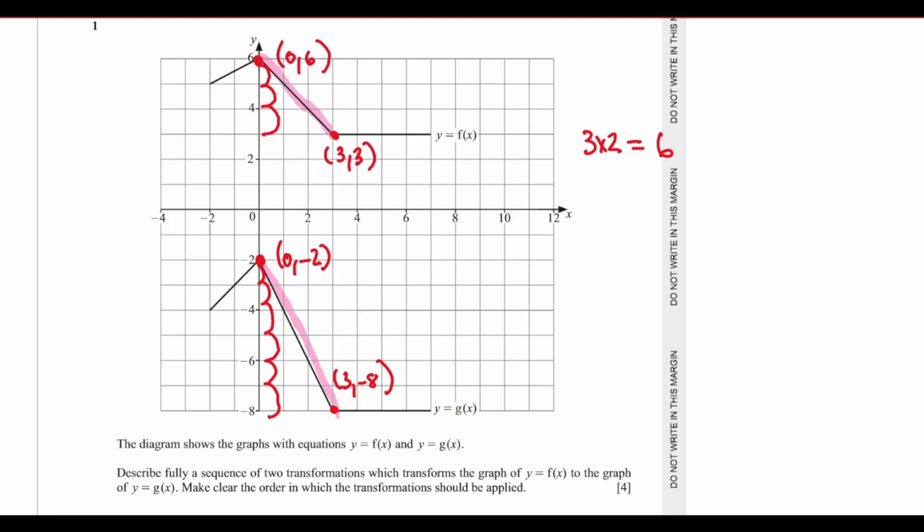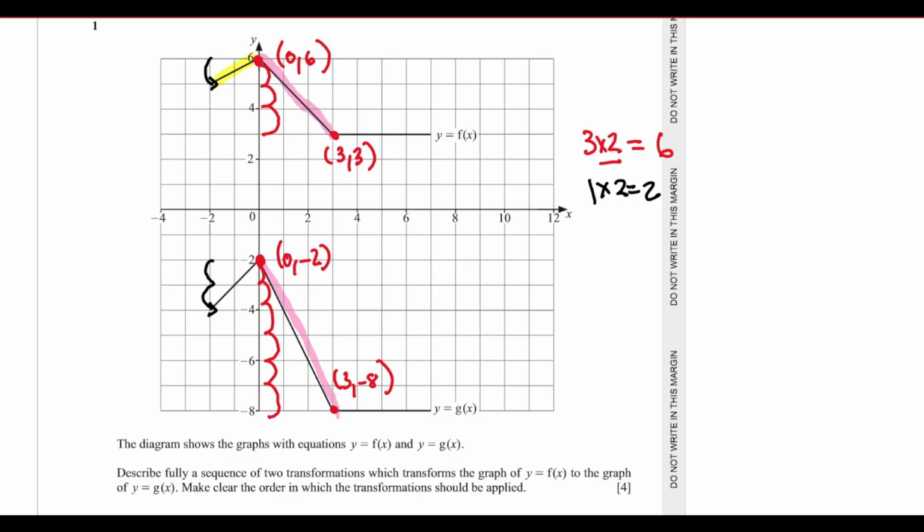So there's a stretch factor of 2 vertically. We can also check this piece over there. Obviously from there to there is 1 unit, and on the new graph, there to there is 2 units. So that corresponds with what we had over here. 1 times 2 is 2.